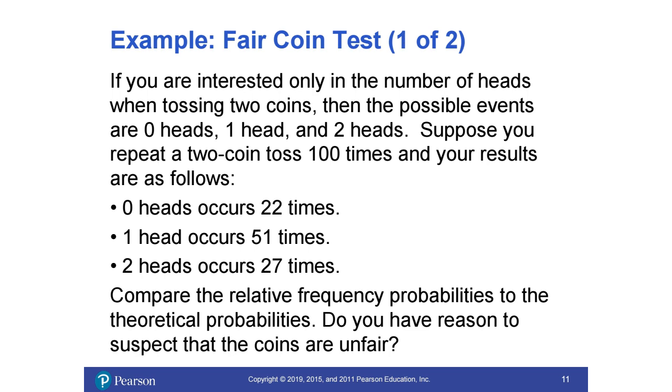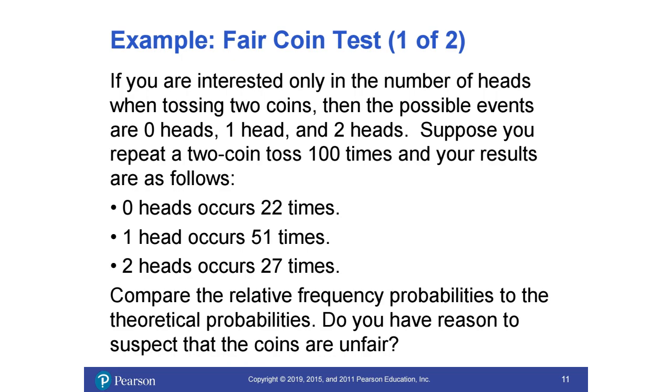And when you do that, these are your results. You get 0 heads 22 times, you get 1 head 51 times, and you get 2 heads 27 times. What we want to do in this problem is compare the relative frequency and the theoretical probabilities, and then talk about whether or not we think that the coins are fair or not.